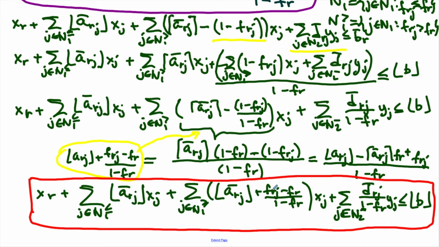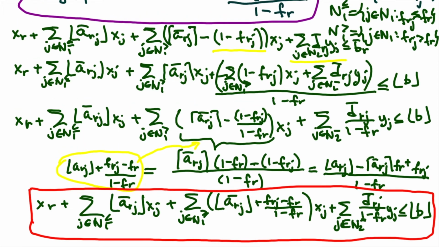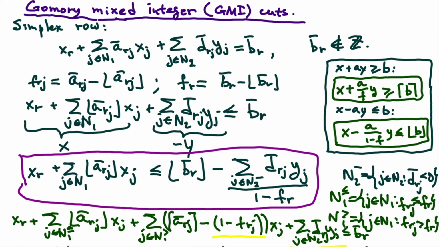You can see that because frj is greater than fr, this is positive, and then dividing by 1 minus fr will only make it greater, and this is definitely greater than the floor of arj bar. So as we can see, we obtain a better valid inequality.